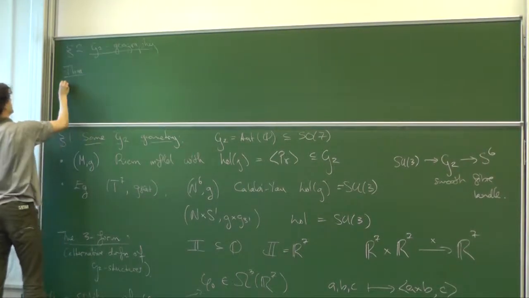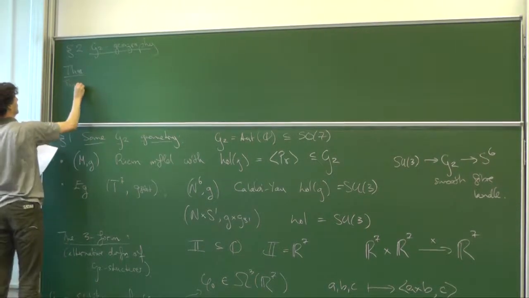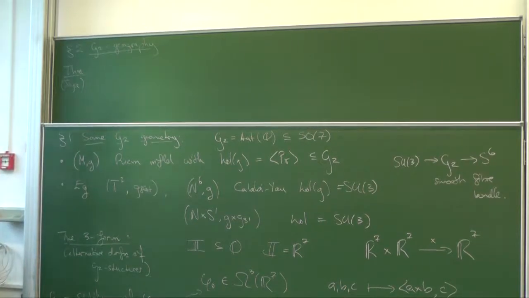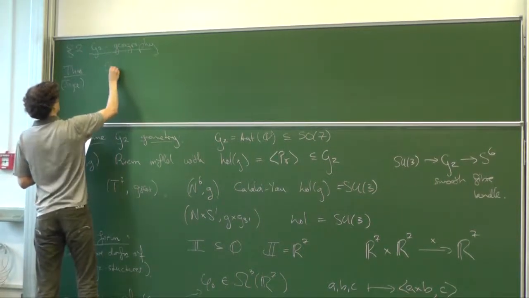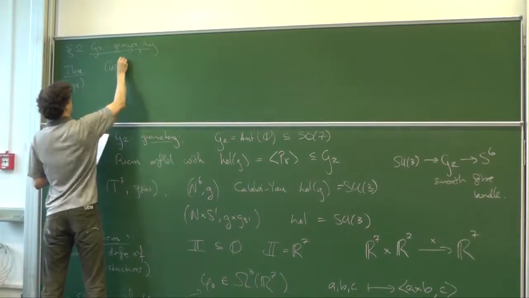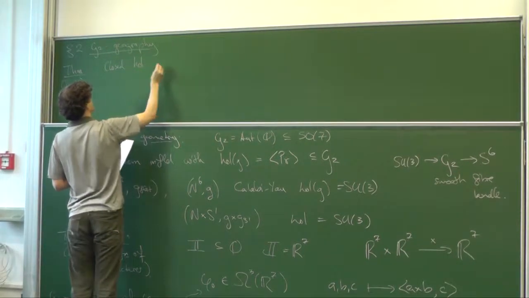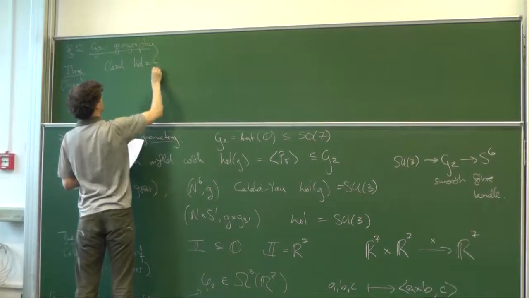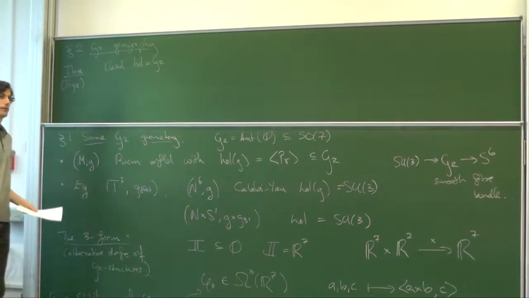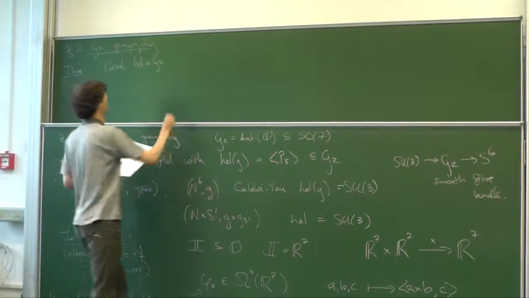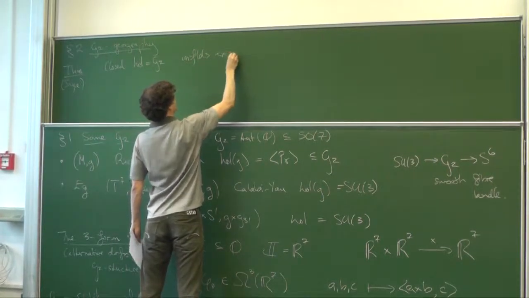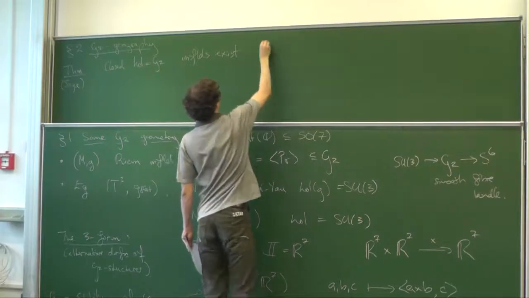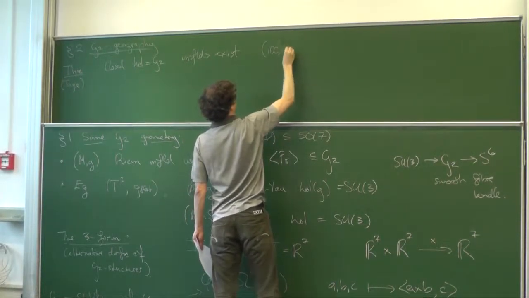Almost all of the results are due to Joyce, but when they're not, I'll indicate that. So, closed holonomy, I'll write this equals G2. So full holonomy manifolds exist. That's reassuring, and Joyce constructed hundreds of homotopy types.